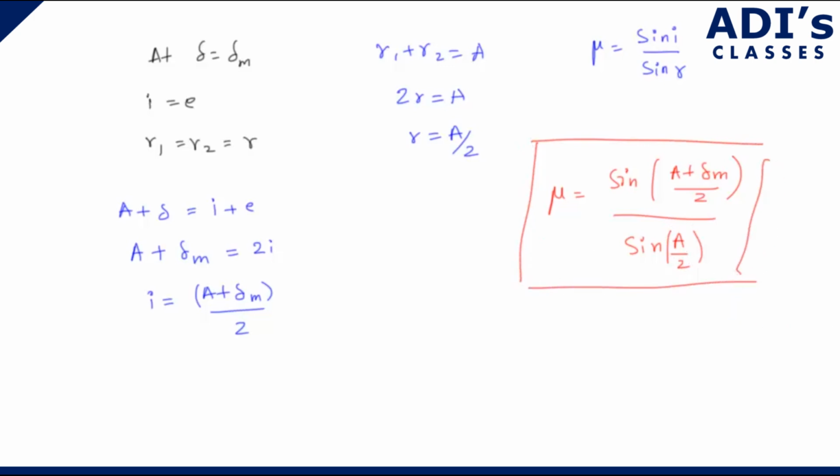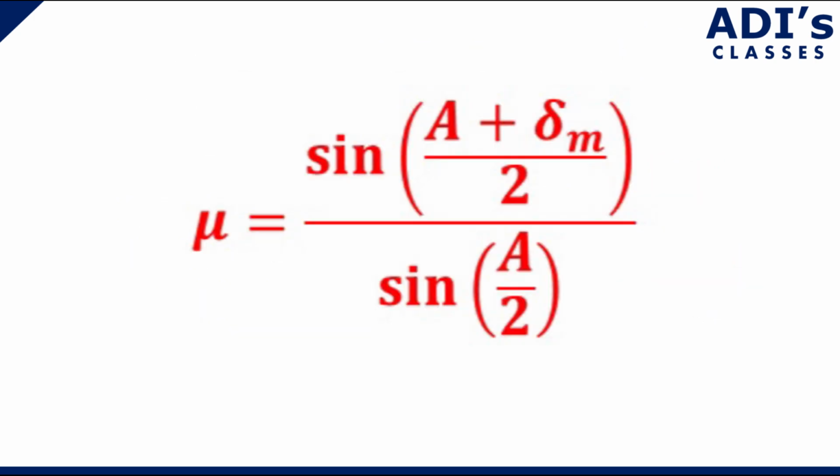This is the refractive index of a material when it undergoes minimum deviation. Using this we solve a few problems, and it has a lot of practical applications.